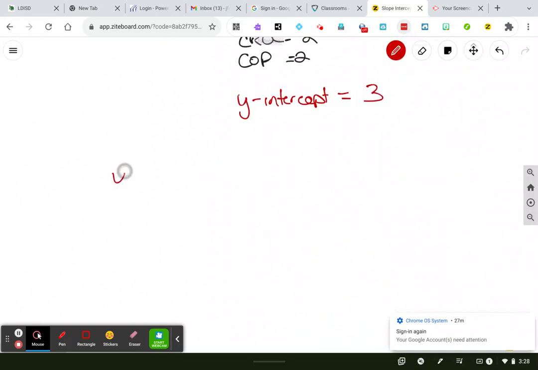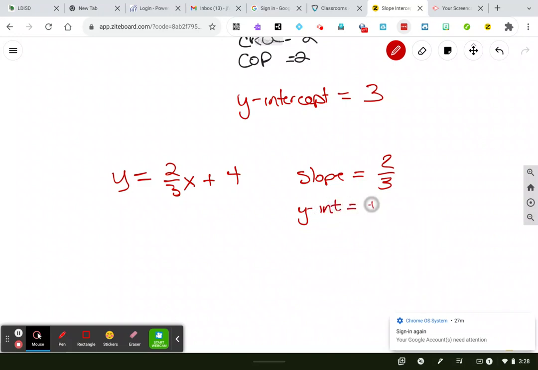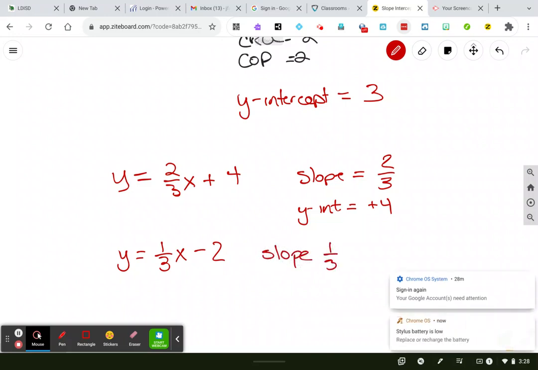So, equation. y equals 2/3 x plus 4. Your slope is 2 over 3, and your y-intercept is positive 4. Slope is 1 over 3, and your y-intercept is negative 2.